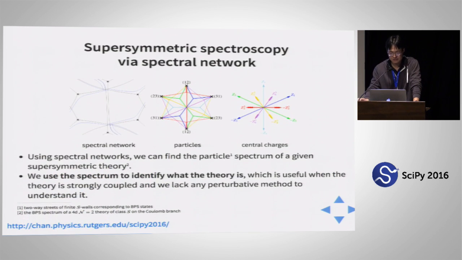The idea is similar in supersymmetric spectroscopy. We start with a diagram called a spectral network, and by evolving this network, we obtain particular configurations which will correspond to the particles, and this will give us a spectrum of a given theory, and using the spectrum, we can identify what the theory is.